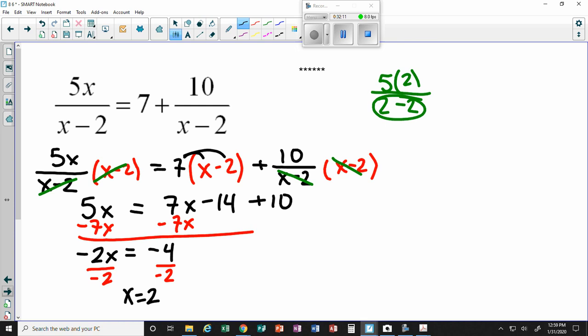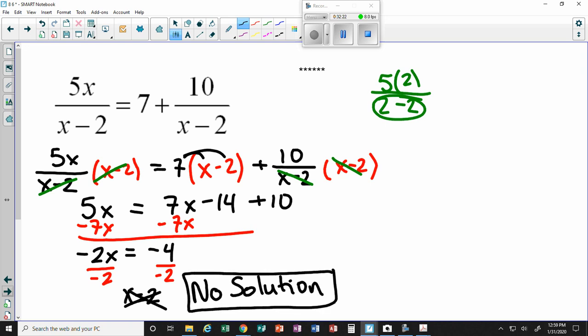So what does that mean? There's no solution. That's an extraneous solution. No solution. What questions do we have on that?